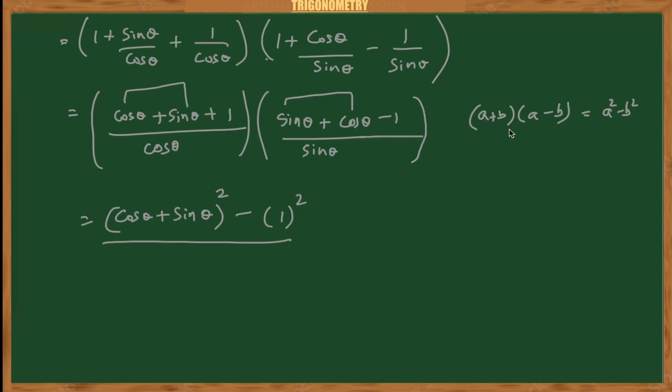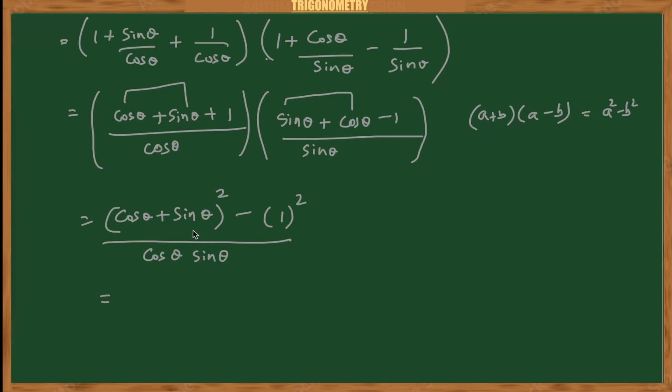If not, just see this polynomial expression: a plus b into a minus b can be represented as a square minus b square. Now the base gets multiplied: cos theta into sin theta. Let me repeat it here. We got one expression which can be represented in this format, so we converted that into this and replaced here.